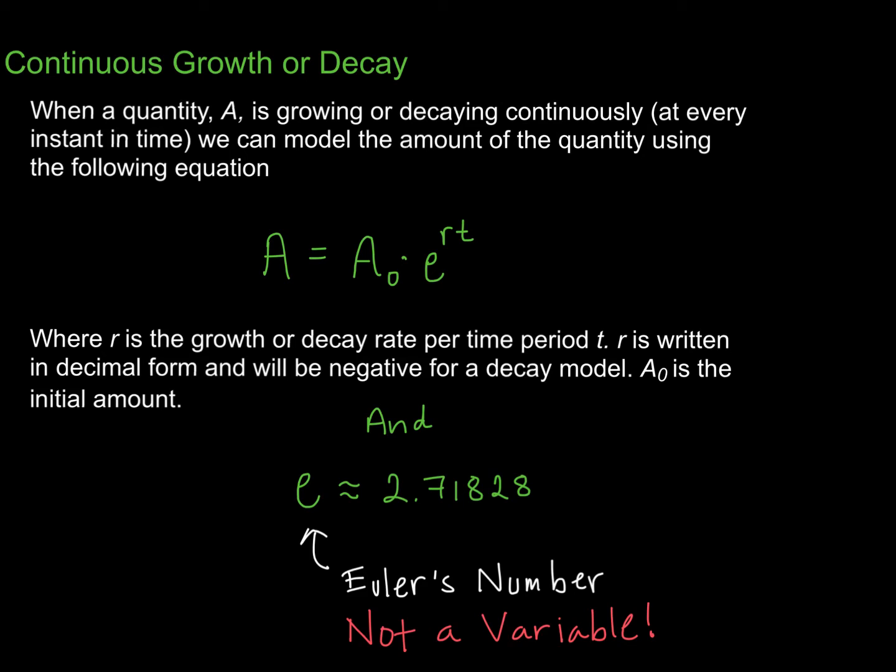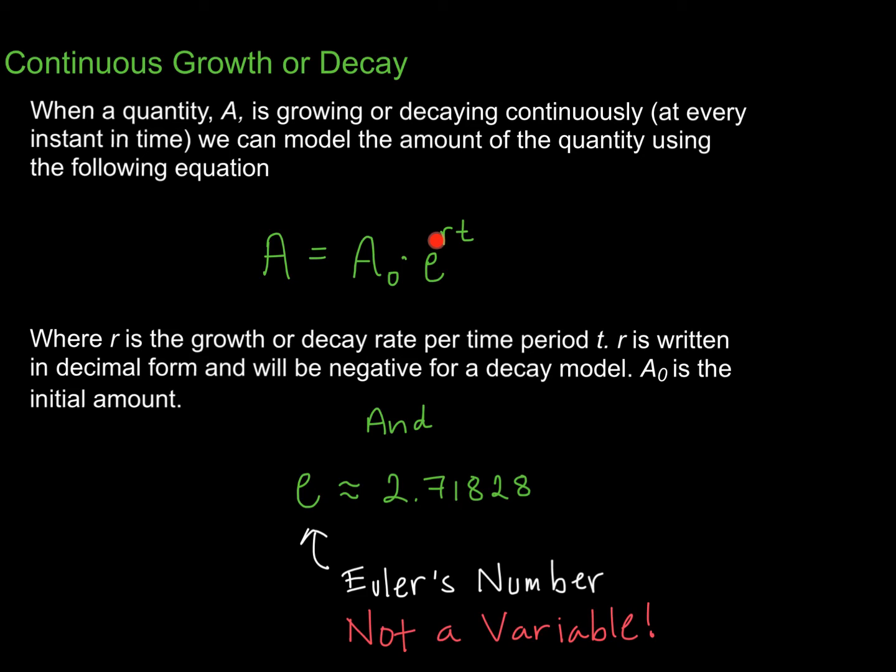All right, so continuous growth or decay. When a quantity A is growing or decaying continuously, we can model the amount of the quantity using the following equation. The amount A is equal to A sub 0 times e raised to the r times t power. Now, r is the growth or decay rate per time period t. So in the previous example, the growth rate was 1.5% per year. t is years.